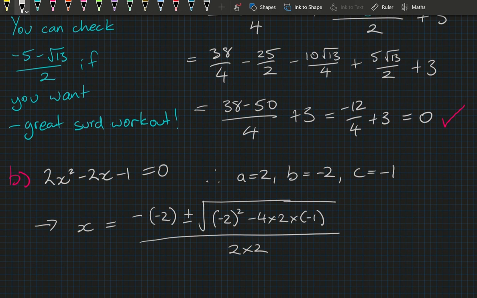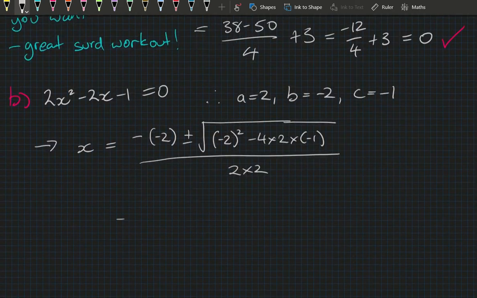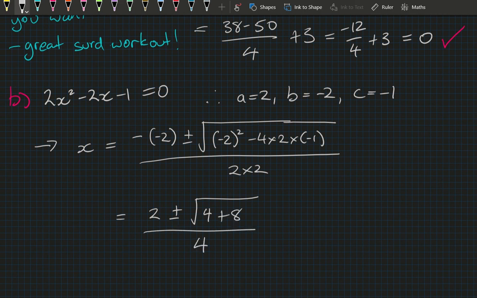So we can now clean that up: minus minus 2 is 2, and (minus 2) squared is 4, and minus 4 times 2 times minus 1 is plus 8, and that's all on 4. So clearly we've got 2 plus or minus root 12 on 4. As a little side note, you should know that root 12 is equal to 2 times root 3.